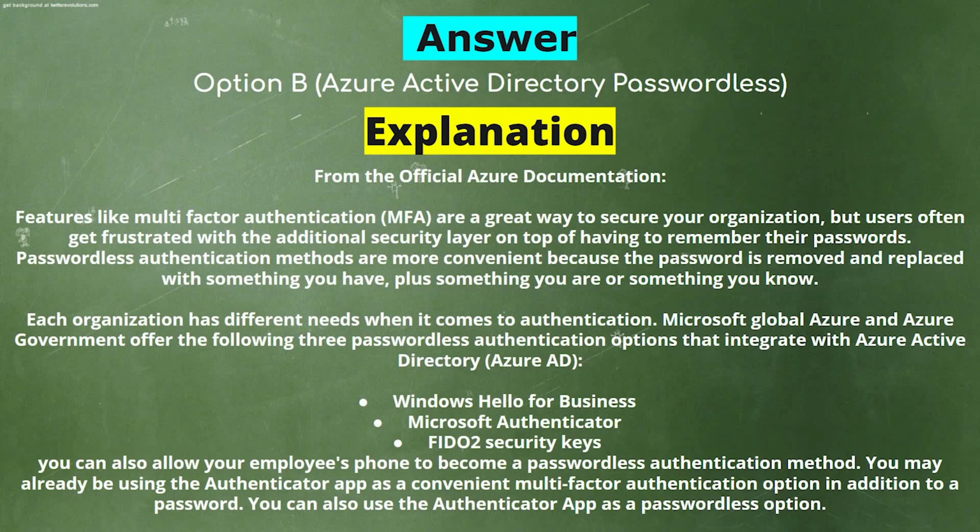Each organization has different needs when it comes to authentication. Microsoft Global Azure and Azure Government offer the following 3 passwordless authentication options that integrate with Azure Active Directory. Number 1, Windows Hello for Business. Number 2, Microsoft Authenticator. Number 3, FIDO2 security keys.